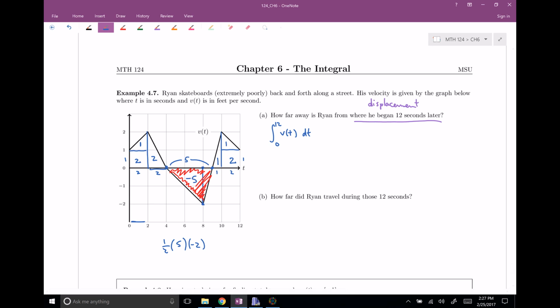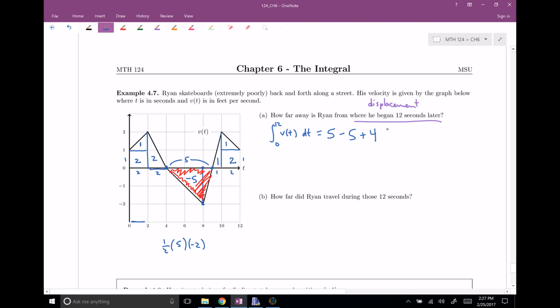And so all together, in the first 4 seconds, from 0 to 4, I went distance 5. And then from time 4 to 9, it looks like I went -5. And then from 9 to 12, those last 3 seconds, it looks like I went another 4.